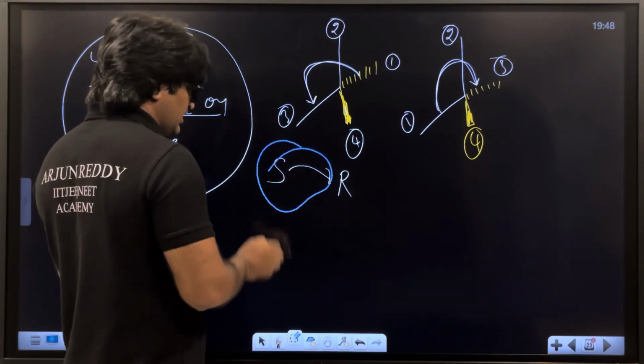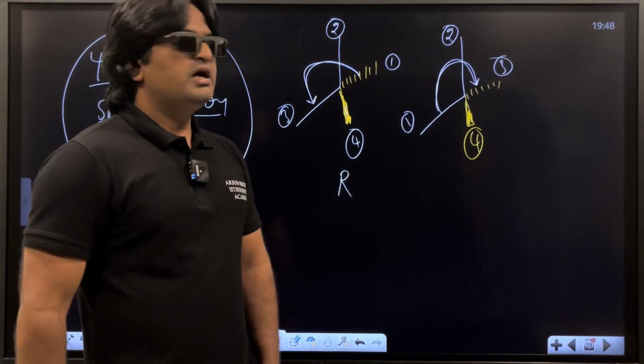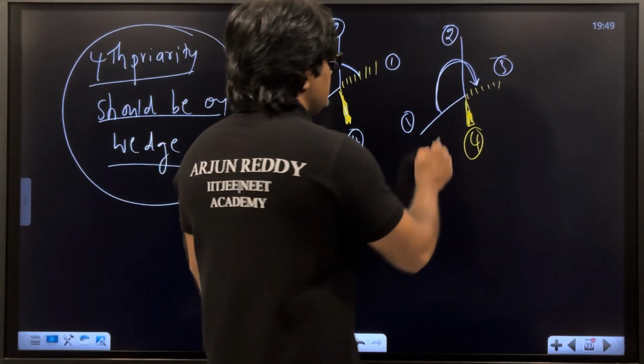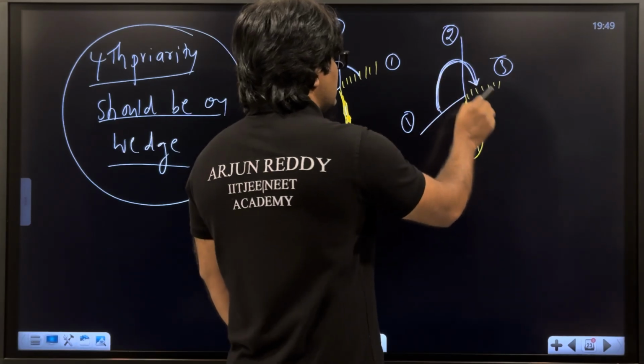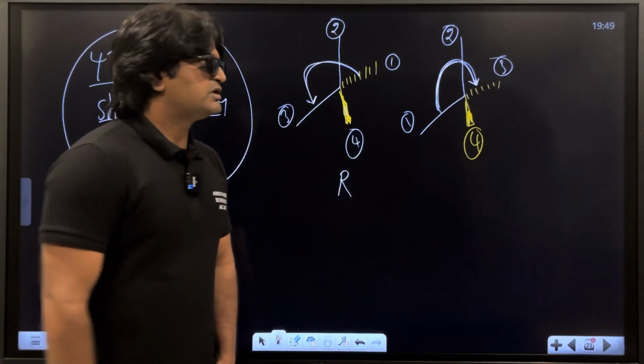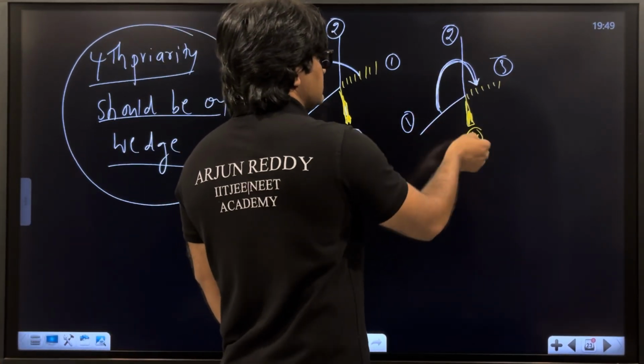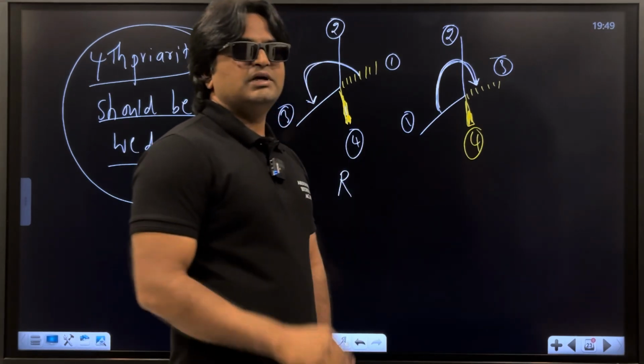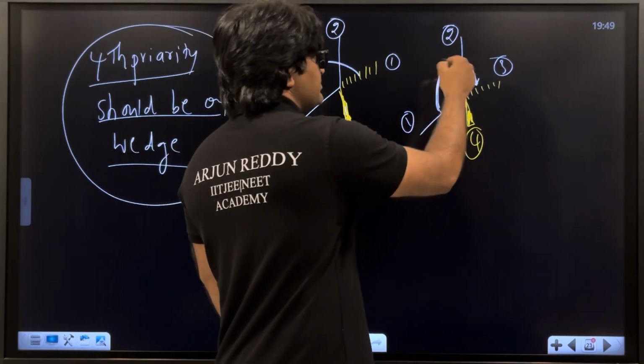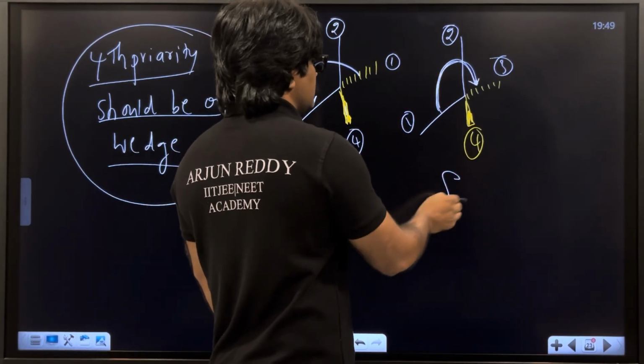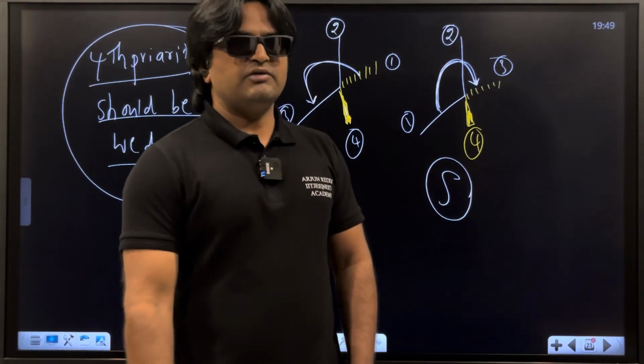Okay. Now we are taking opposite configuration, reverse configuration. Here clockwise direction or anti-clockwise direction? Clockwise direction, but least priority group is present on thick wedge. We are expecting R configuration, but what is the actual configuration? S configuration. Why?